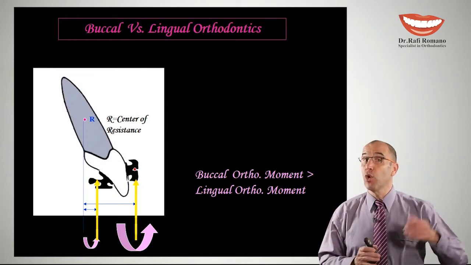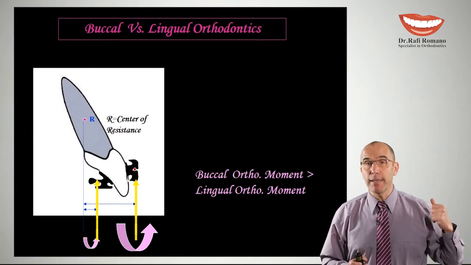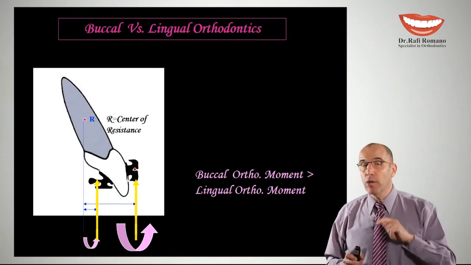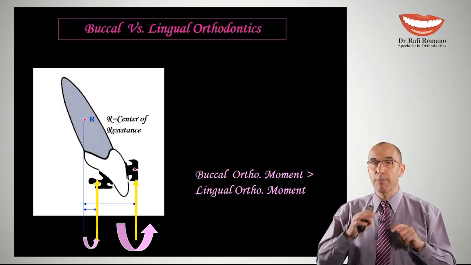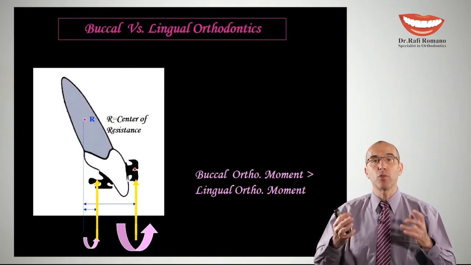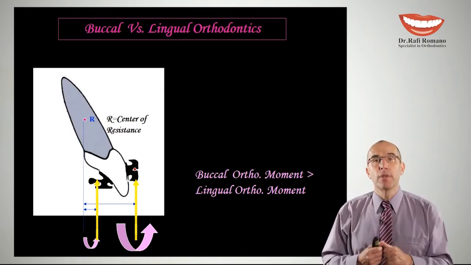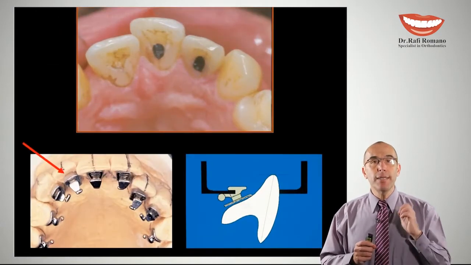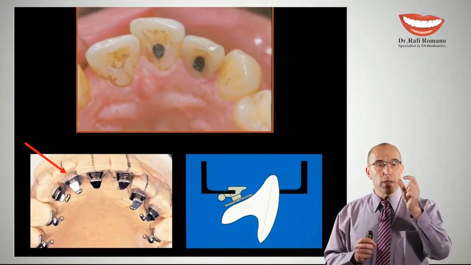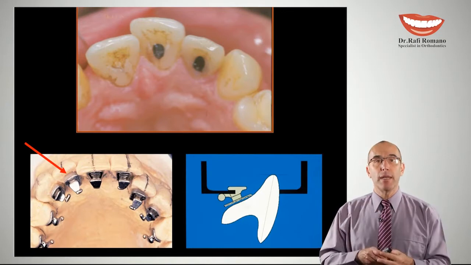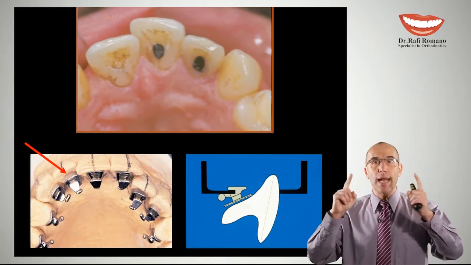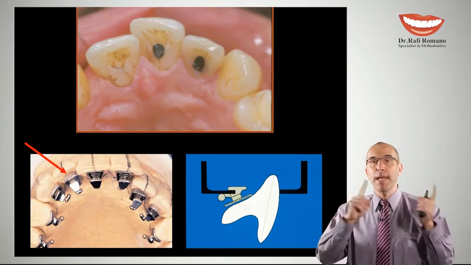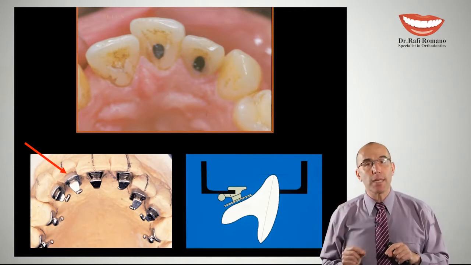I recommend you to go back to the wire bending lectures and learn how you can do it, what type of bends you can do in the wire to get this active movement. Now, there is a difference between every tooth, and sometimes two laterals in the same patient can be of different size.